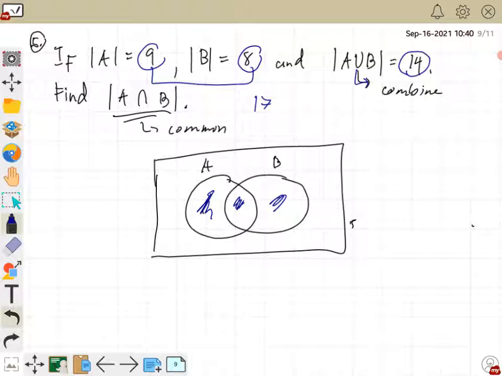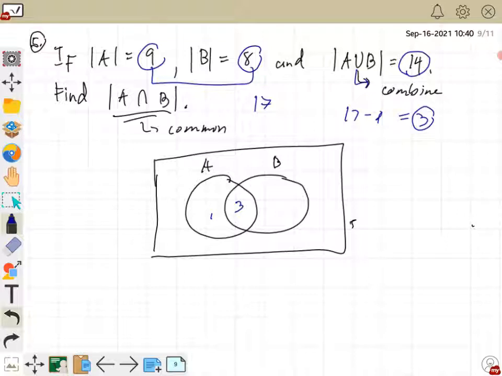Meaning, the same with the very first problem a while ago, there is some overlapping. So that is 17 minus 14, that's 3. Meaning, this 3 is actually for that. Remember, if we combine all of this, we'll get 14.